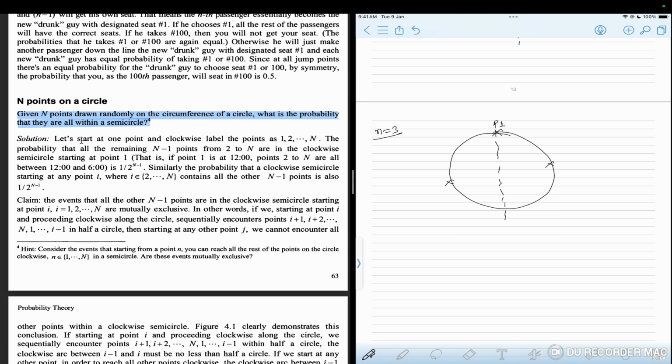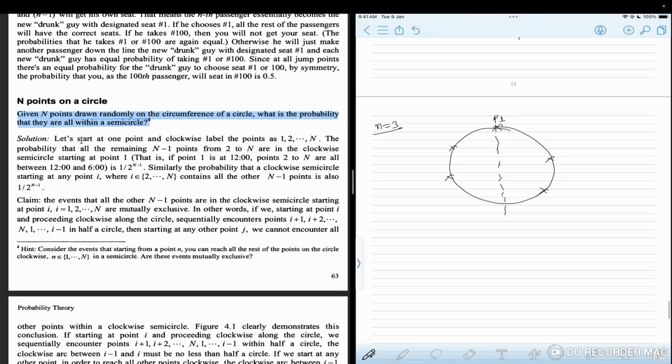Similarly, P3 can either come on the right side of the line or the left side of the line. And we will find a semicircle starting with point P1 and containing all 3 points with a probability of P2 being on one side and P3 again being on the one side. So we'll get 1 by 4.